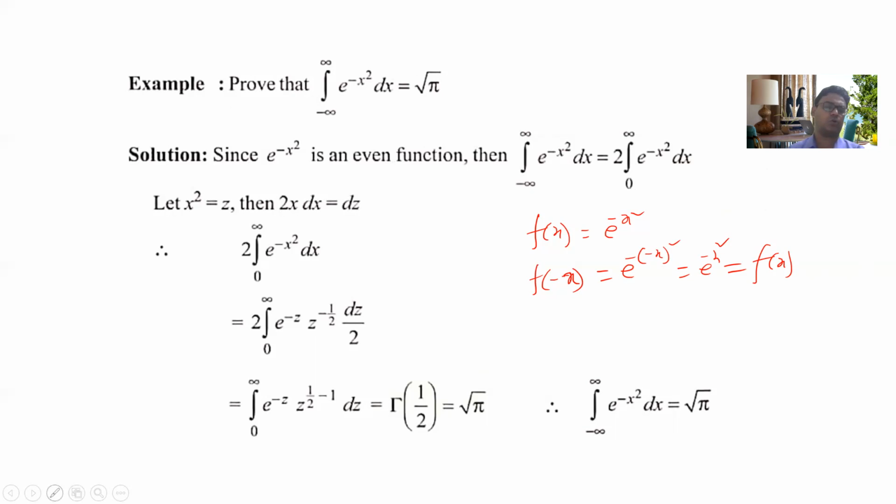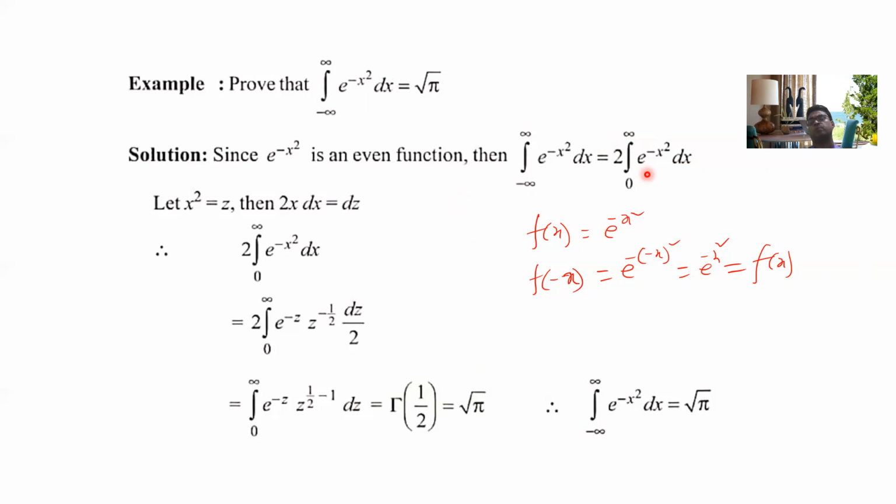So from the concept of definite integrals, for an even function, the integral from minus infinity to infinity of e to the power minus x square dx is equal to 2 times the integral from 0 to infinity of e to the power minus x square dx. This is also a very important property from definite integrals. Now, 0 to infinity is a gamma function.